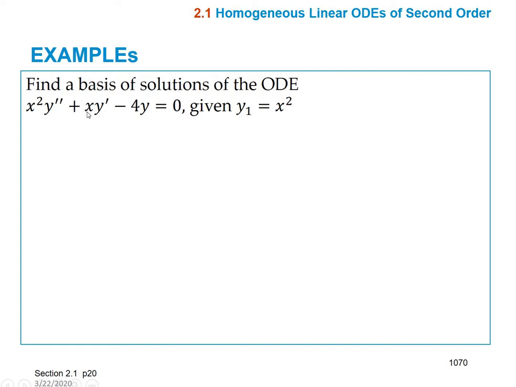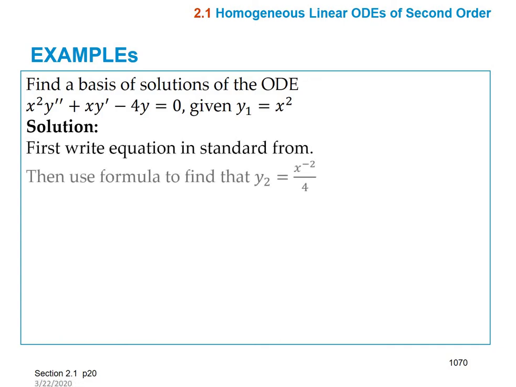You cannot call p of x equal x. This is not right. If you do, you're going to get a mistake. So we have to write this equation in standard form. Standard form means the leading coefficient should be 1, so divide by x squared. If you do this, your p of x will be 1 over x.